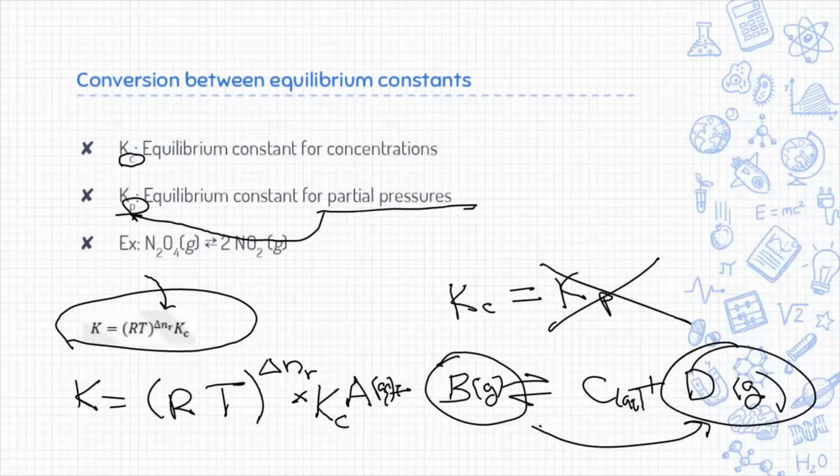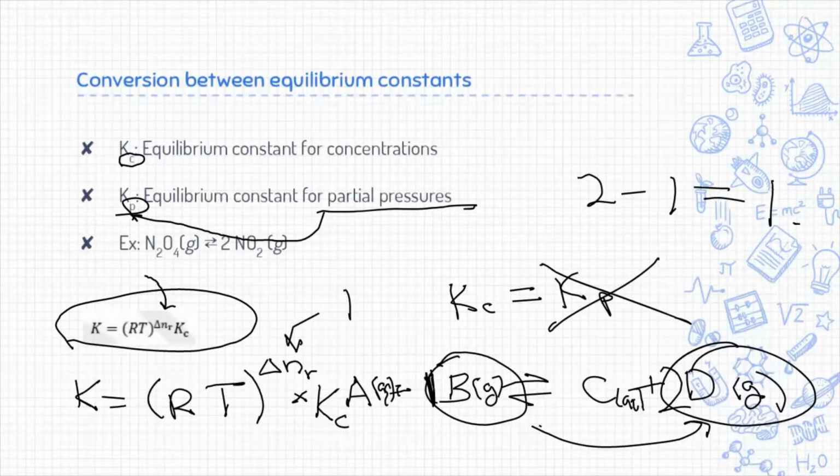So using this example, if 1 mole of gas forms 2 moles of gas as a product, then the difference would be 2 minus 1 equals 1 mole of gas. So we would put 1 here and calculate this, and we can see there is indeed a multiplier difference of RT for Kp.